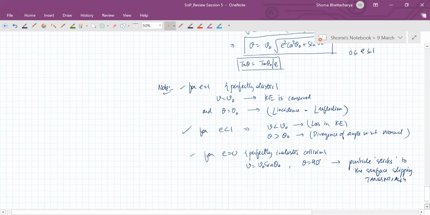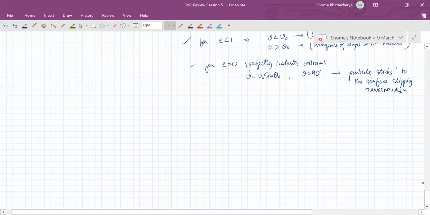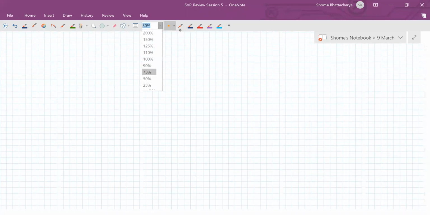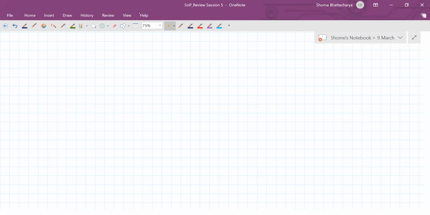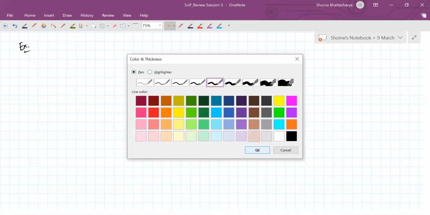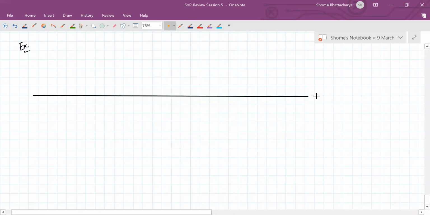So let us look at an example of the application of this. Let us look at a very typical example of collision of a particle with a rigid surface: a projectile which is repeatedly bouncing off a surface.